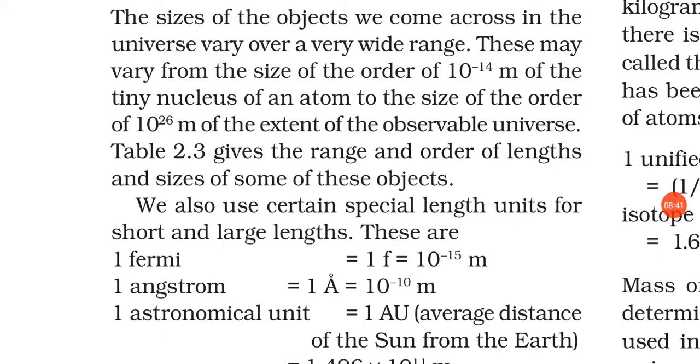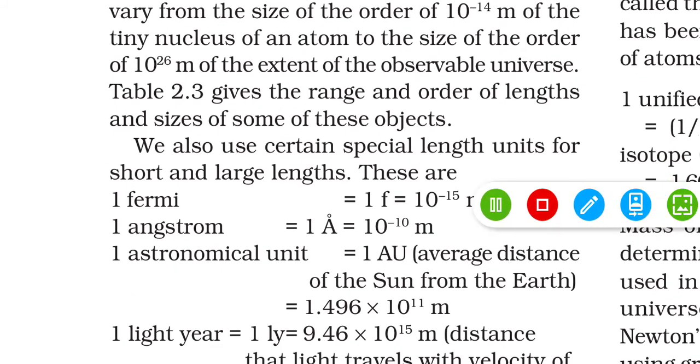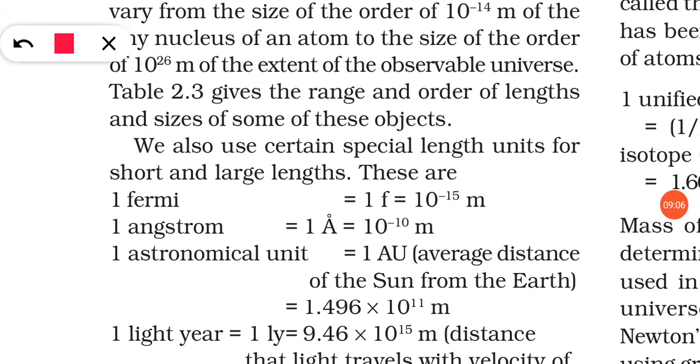Now 1 Fermi, represented by a small f, is equal to 10 raised to minus 15 meters. And 1 Angstrom, as already explained, is equal to 10 raised to minus 10 meters.